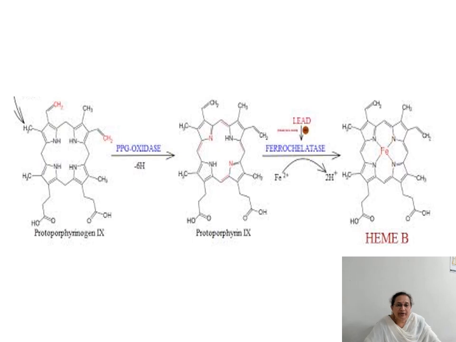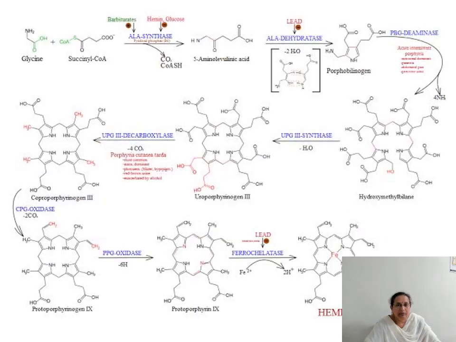So protoporphyrinogen acted upon by the enzyme PPG oxidase gives rise to protoporphyrin 9, which is acted upon by the enzyme ferrochelatase, introducing iron into the ring structure to form heme. So in a nutshell, all the reactions put together.